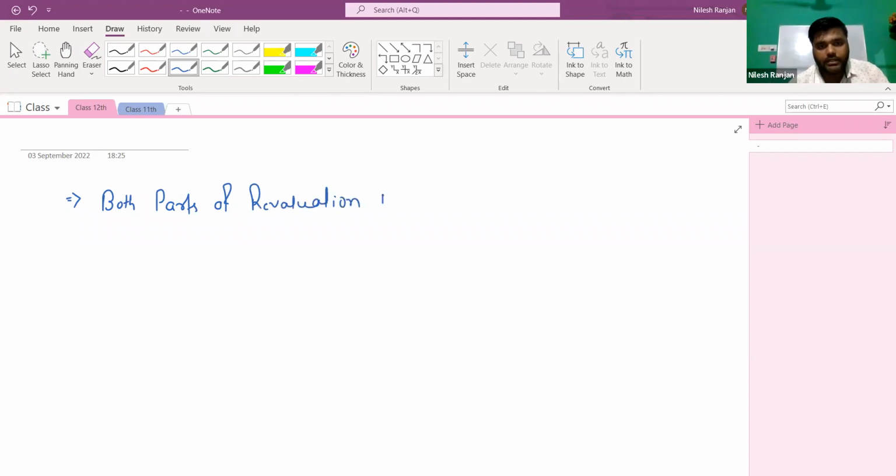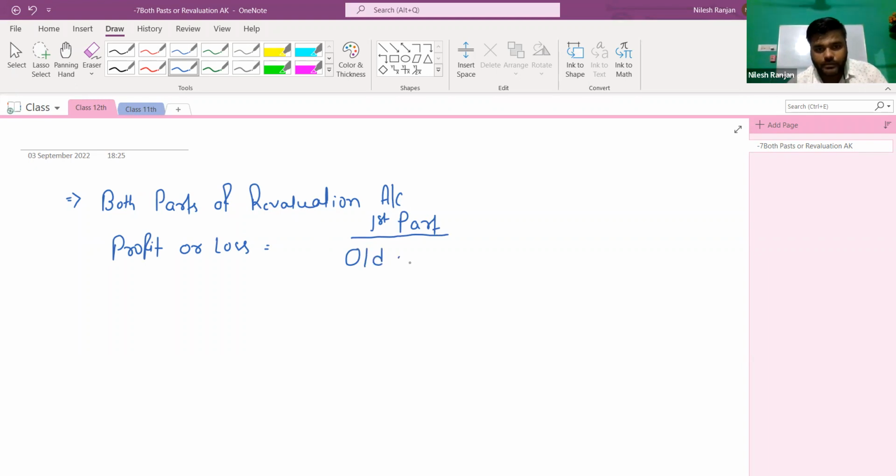Okay, and whatever the profit or loss, if profit or loss is in first part, then old ratio. Okay, and if it is in second part, then new ratio. New ratio, not sacrifice. Okay.